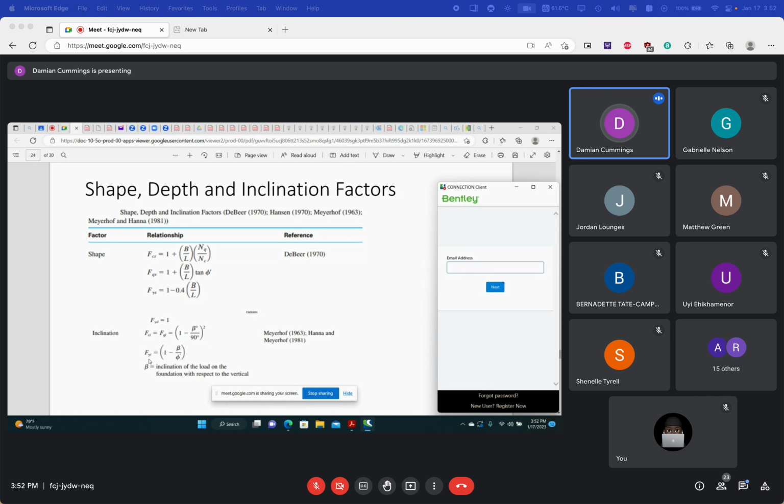And F gamma i is equal to 1 minus beta over phi, with beta in radians, so that's when F gamma d is equal to 1. Our load inclination, beta, is the inclination of the load on the foundation with respect to the vertical.